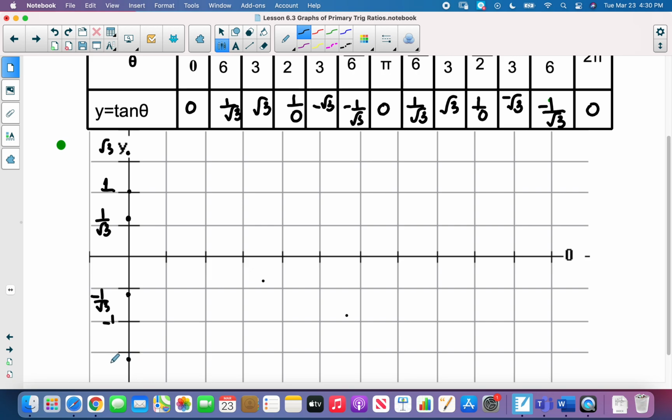And somewhere here will be our negative root 3. So we're going to start off at 0.